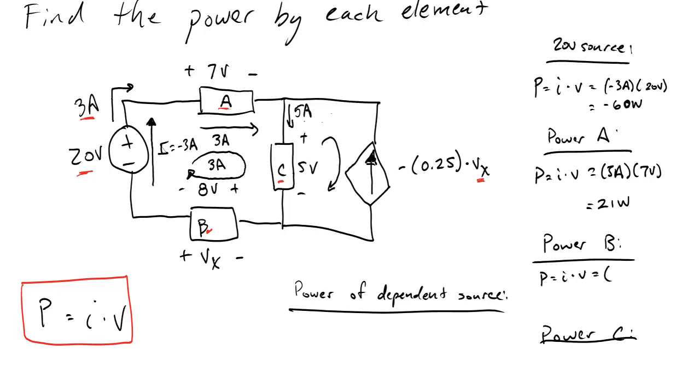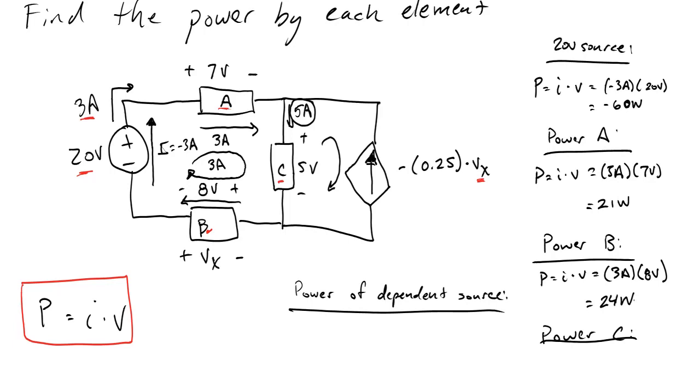But it's not too confusing because we already have it clearly labeled that there's 5 amps going through C. We'll get to that. So we have 3 amps going through B. It's going from plus to minus, so all our signs are good. It's just another plug and chug. 3 amps and 8 volts gives us 24 watts.